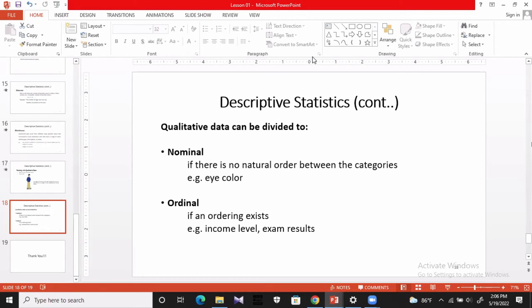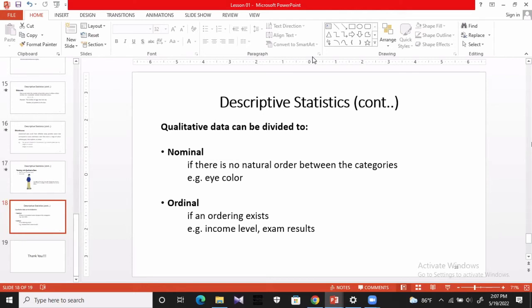So what you need to understand is qualitative data can be divided into two parts, nominal and ordinal. In nominal data, there's no natural order between the categories, like gender, skin color.